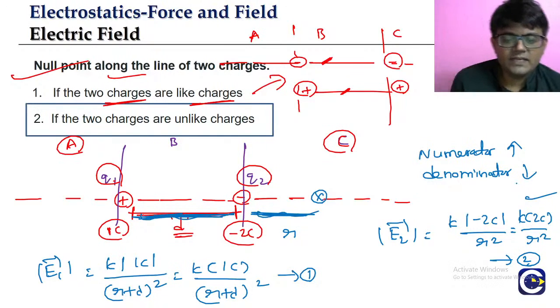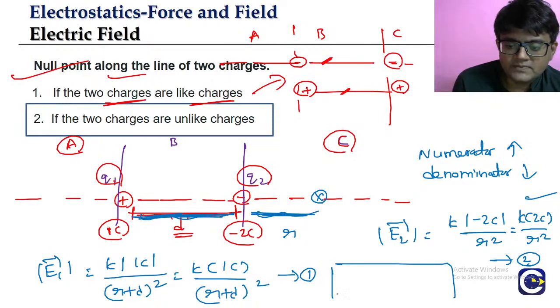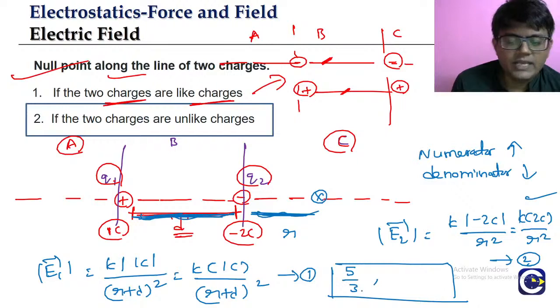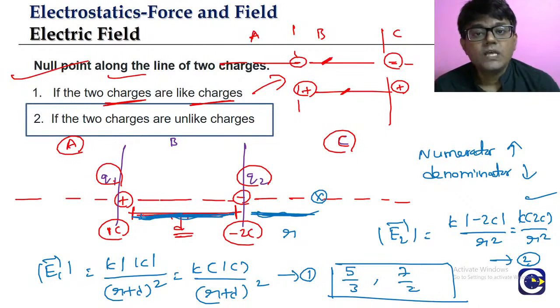For example, I'll give you two ratios: 5/3 is one ratio, the second is 7/2. I'll ask you which is higher.